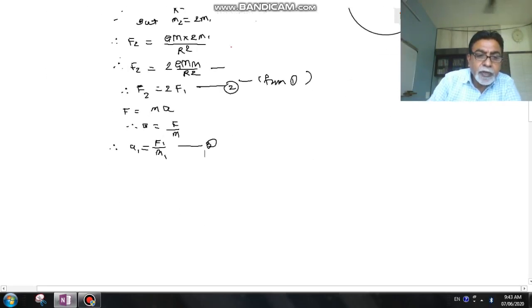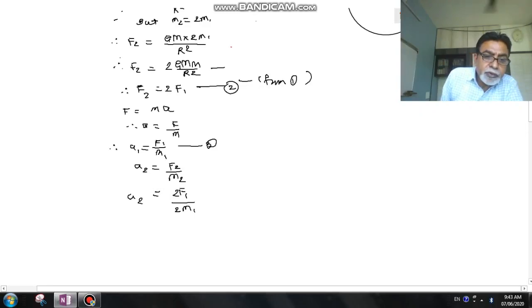And for object B, a2 is equal to F2 upon m2. We have the value of F2 and m2 also. What is the value of F2? Look here, twice F1. What is the value of m2? We have already taken it as twice m1. So a2 is equal to this, and therefore a2 is equal to F1 upon m1.